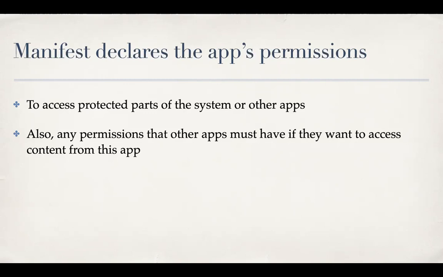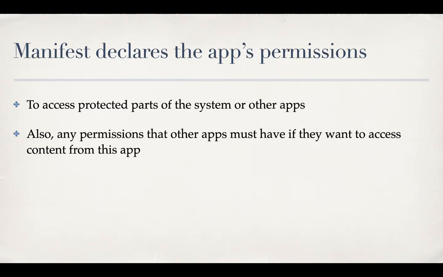Can app one ever pass data or invoke some things in app two? Well, the answer is yes. For example, sending an SMS text message is done by an inbuilt app on the device, and you can trigger that from your app, for example.